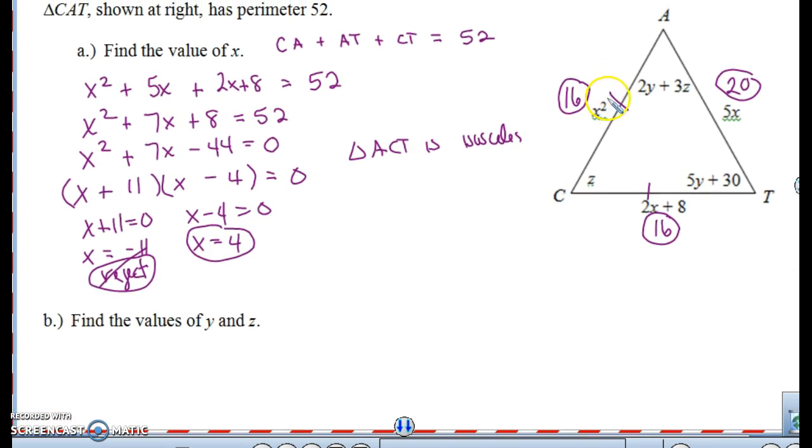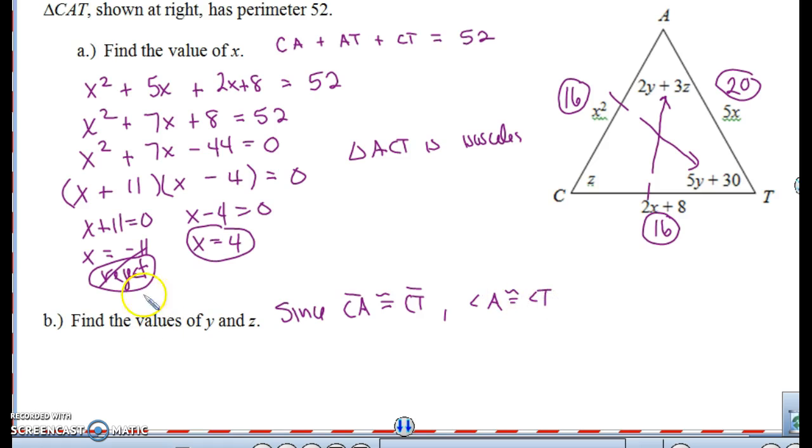If AC is congruent to TC, the base angles are congruent. Where are the base angles? These two sides are congruent, so the base angles would be those two. So since CA is congruent to CT, angle A is congruent to angle T.